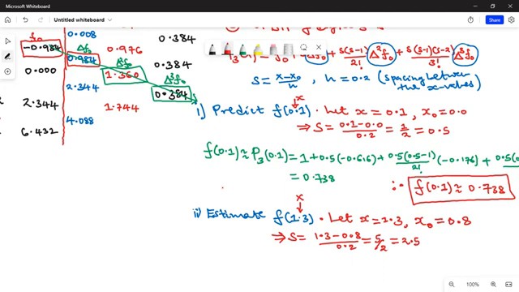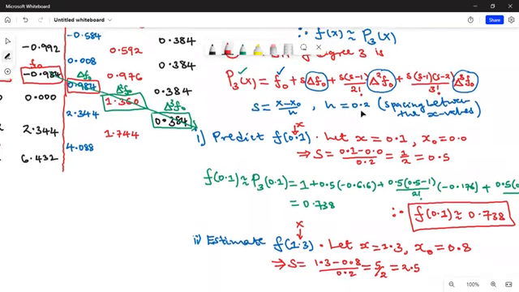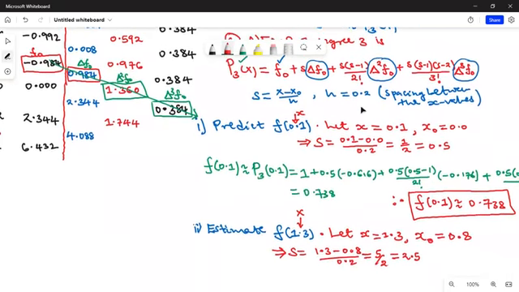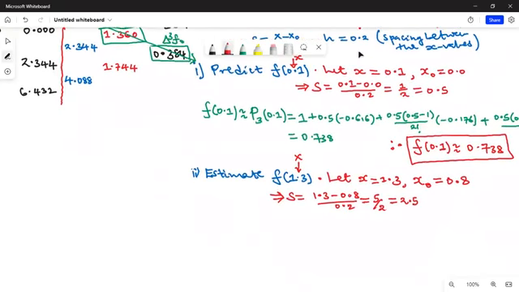So back to the formula, we substitute s, f naught, and its differences up to the third order difference. So you can now say here that f of 1.3 is approximately equal to P3 of 1.3, which is the same as f naught. In this case, go back to the table and read it.